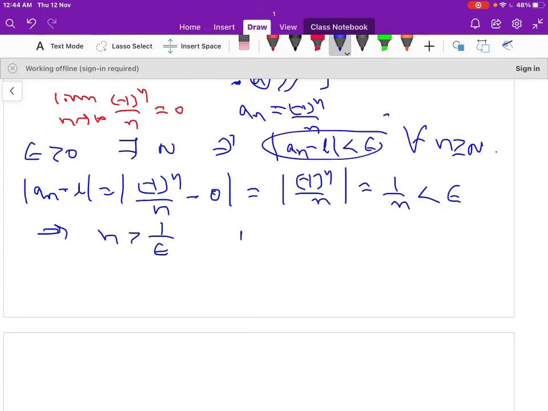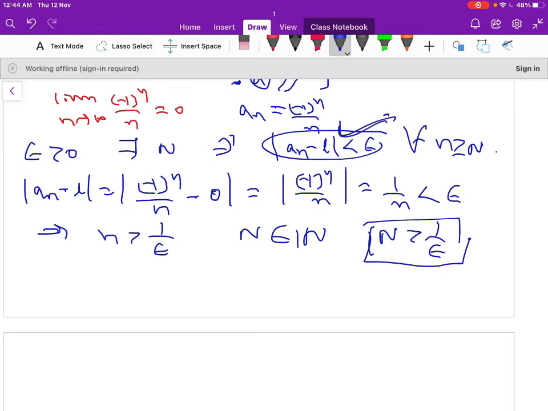Now let us choose N belonging to the natural numbers such that N is greater than 1 by epsilon. For all n greater than N, this condition holds.